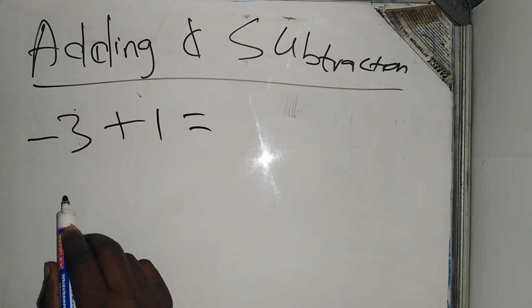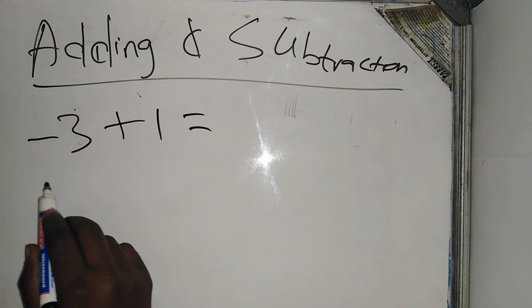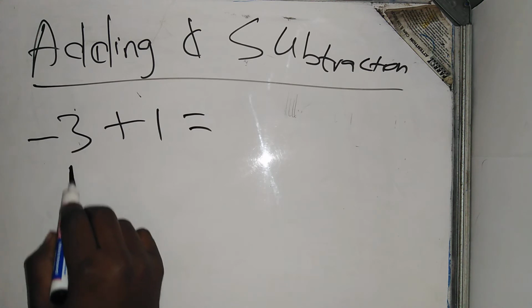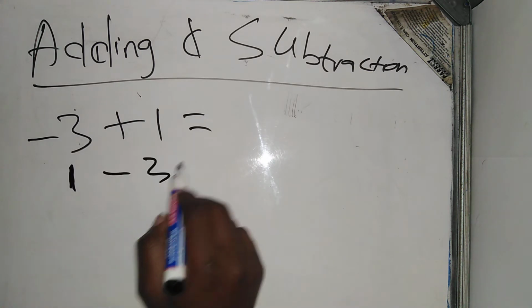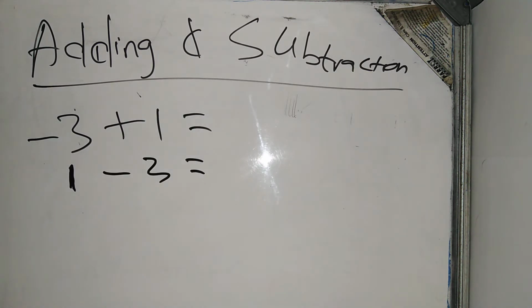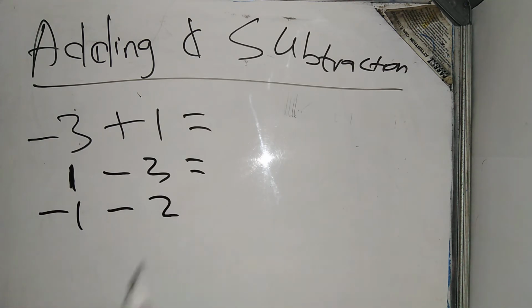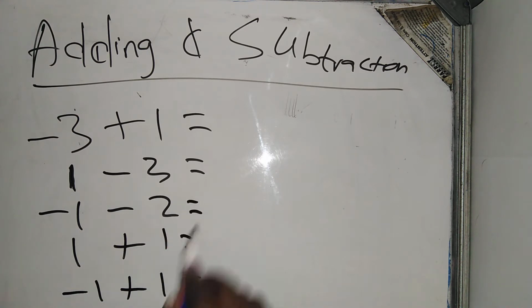Let's look at 1 minus 3 is equal to, okay, and then let's look at minus 1 minus 2, and then let's look at 1 plus 1, and then let's look at minus 1 plus 1, and then we'll end it here, and then close shop.